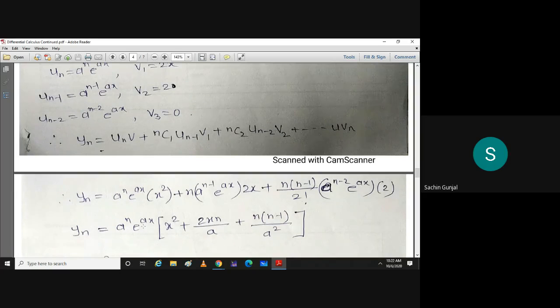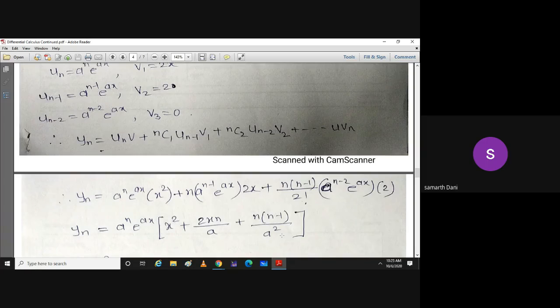So a raised to n e raised to x is common everywhere, so you can take it out. So what will remain is x square plus 2nx upon a plus n into n minus 1 upon a square. All right. Any doubt here? No, sir.